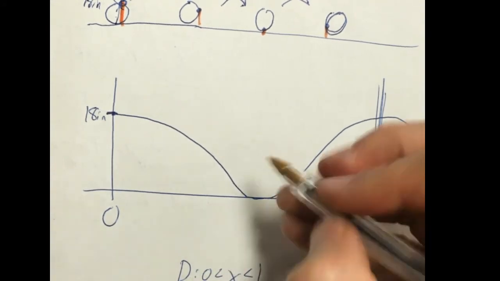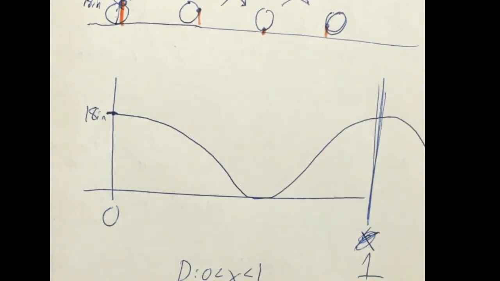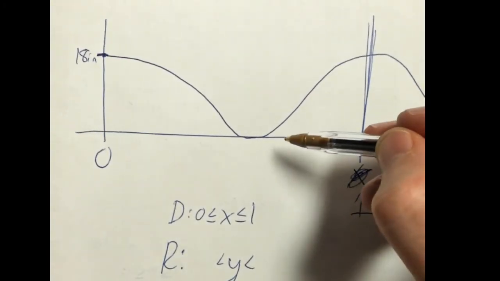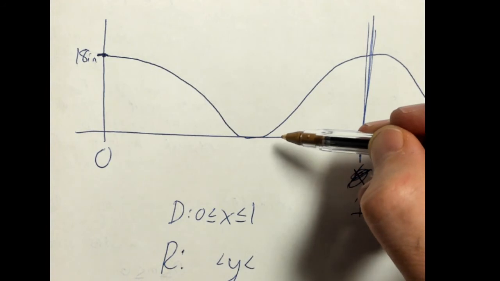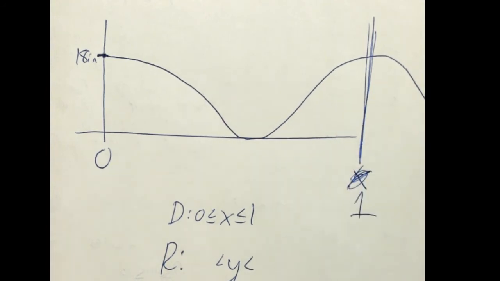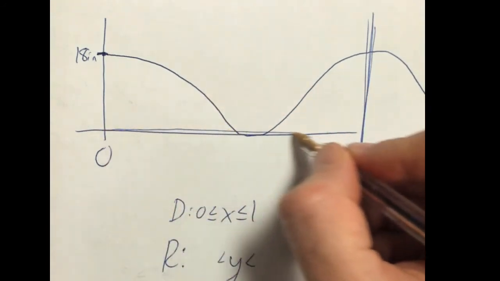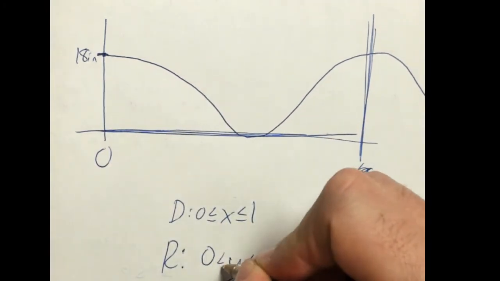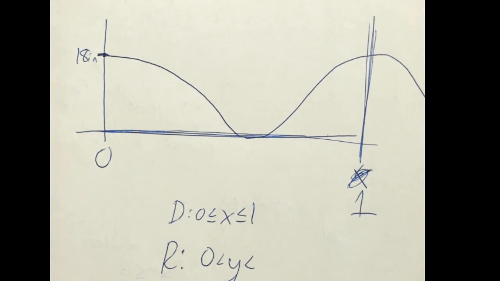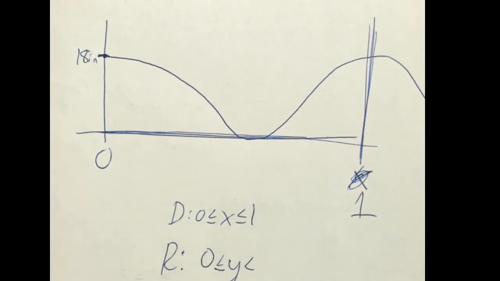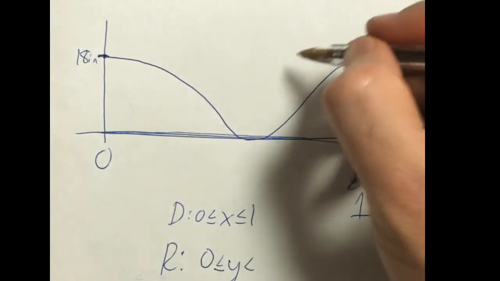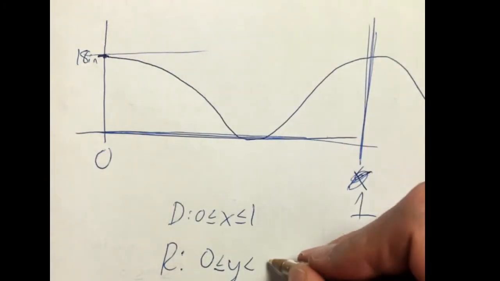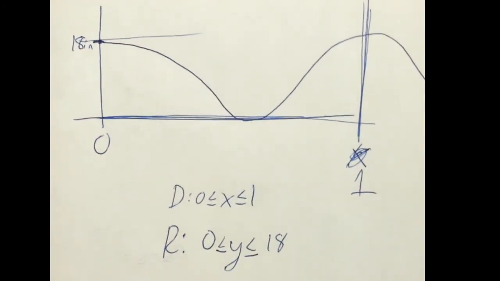My range, well, what's the minimum value for the range? I mean, that's vertical. What's my bottom on the box? 0. And is 0 included? Yeah, because it actually touches the ground. What's my maximum value? 18. And it actually hits 18.